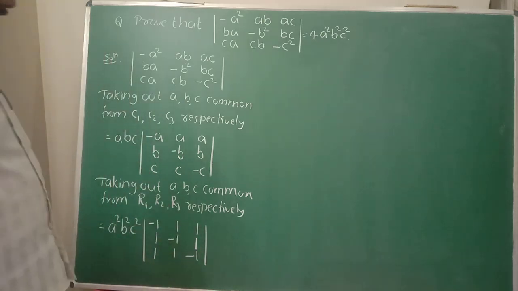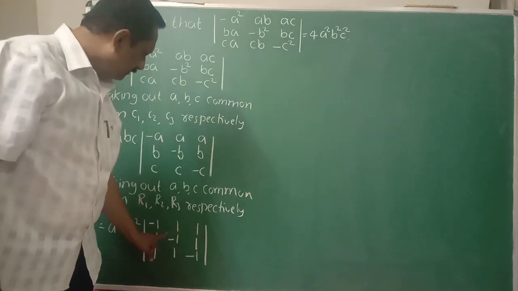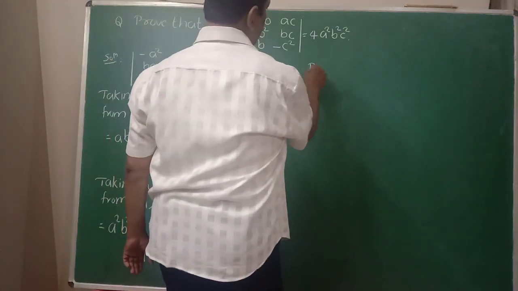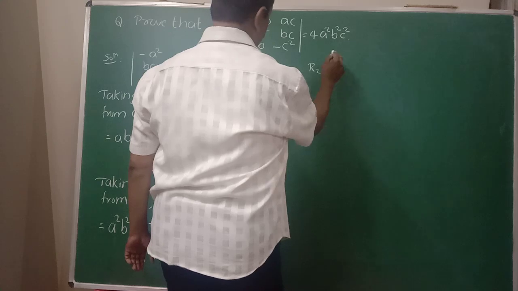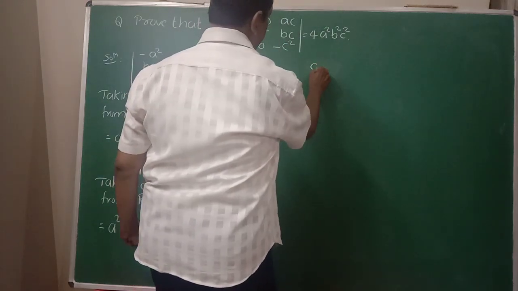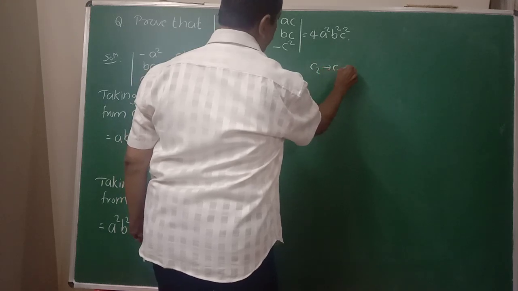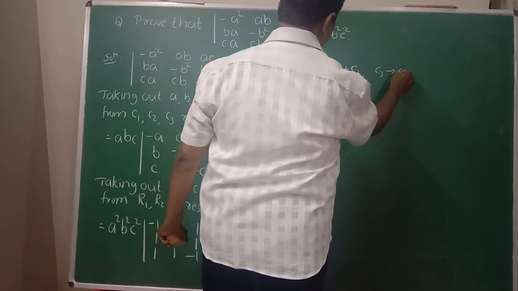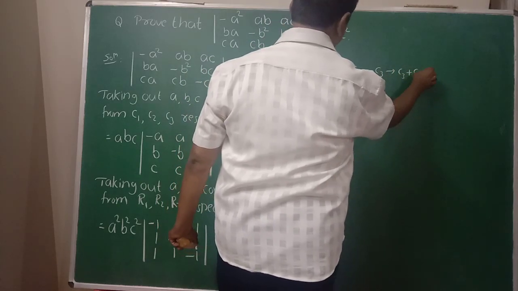Next, make these two terms 0 by adding. So, taking care with columns, C2 gives C2 plus C1, and C3 gives C3 plus C1.